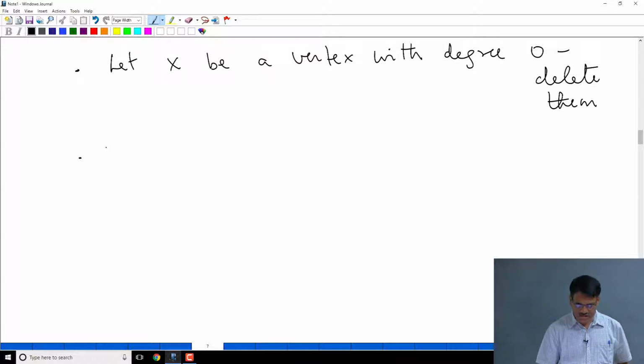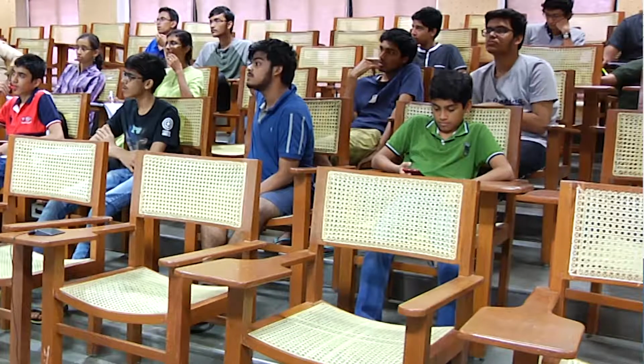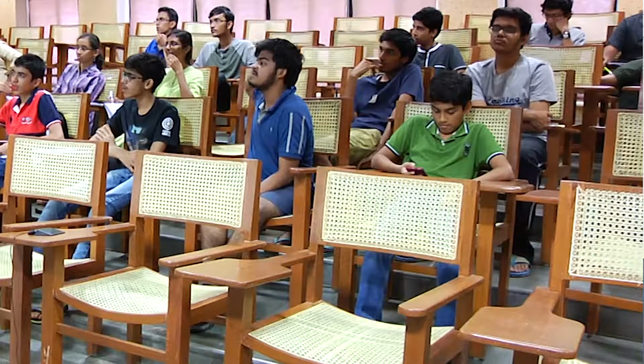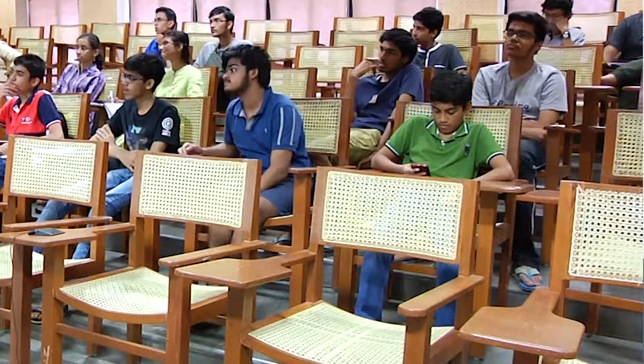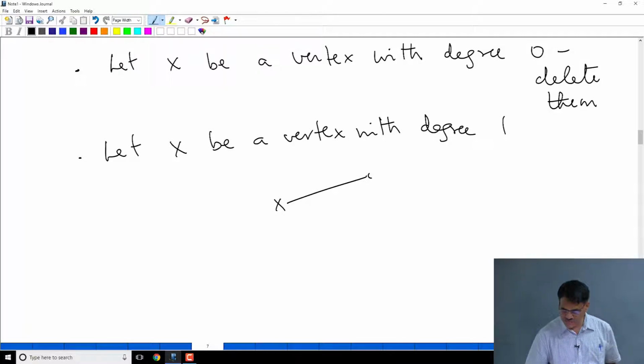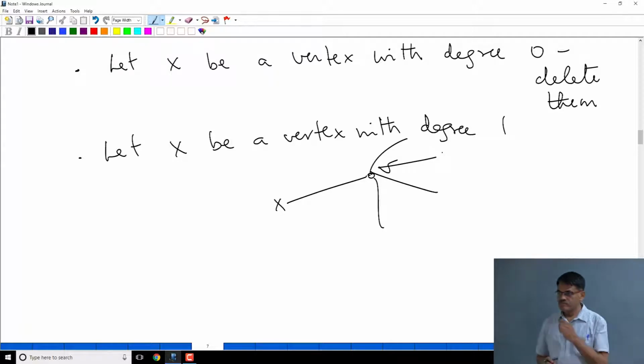But suppose x is a vertex with degree 1, what can you say? It has to be chosen or the vertex on the edge to which it is going. Yeah, so suppose it is like this. Either v has to be chosen or x. Okay. Can you say something better?